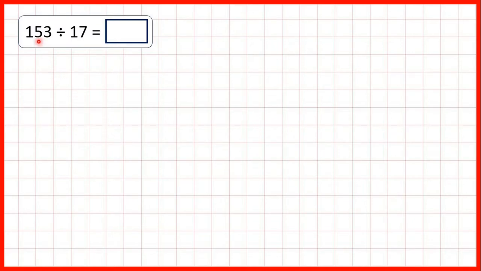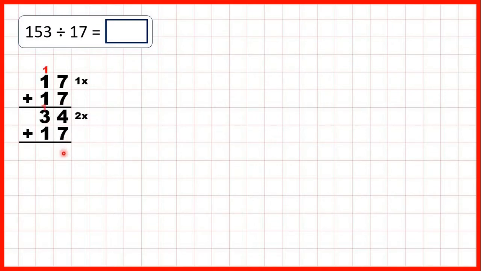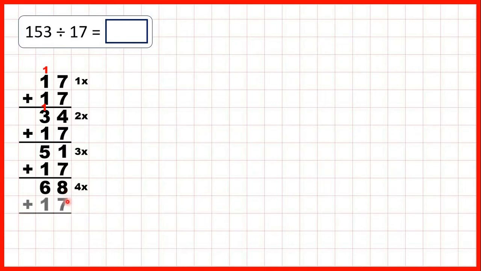Now we have 153 divided by 17, so we can count up in steps of 17 until we get to 153. 17 is 1 times. If we add another 17, we get 34 for 2 times, 51 for 3 times, 68 for 4 times, adding another 17 gives us 85 for 5 times.